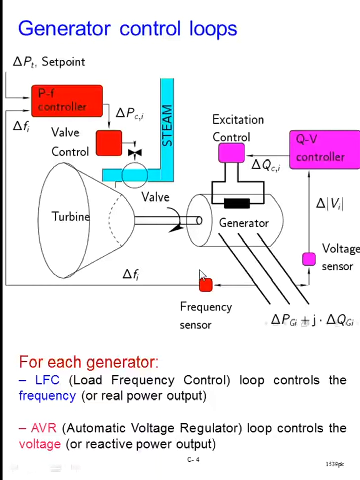So this could be your governor part here, right? So your governor will regulate the amount of steam inlet to the turbine. So this is one loop applied on the turbine generator unit.